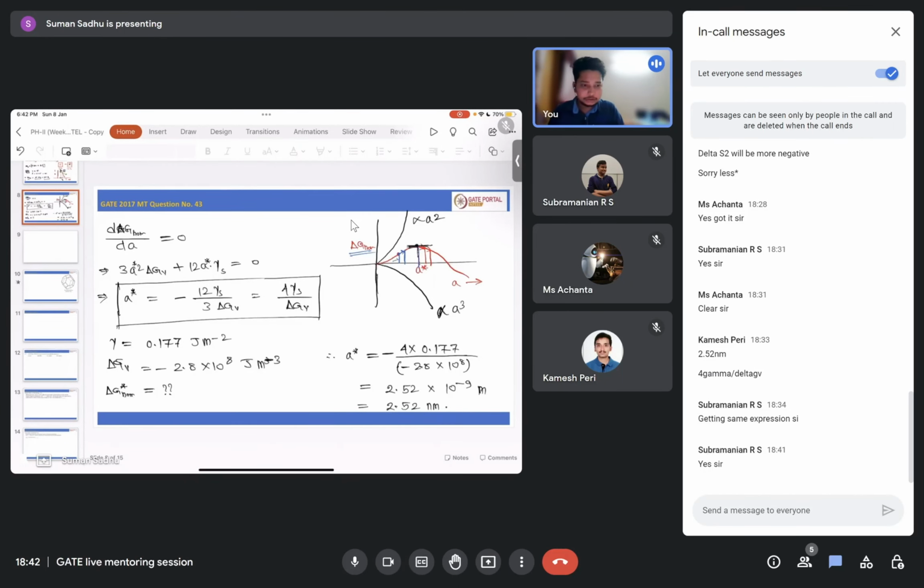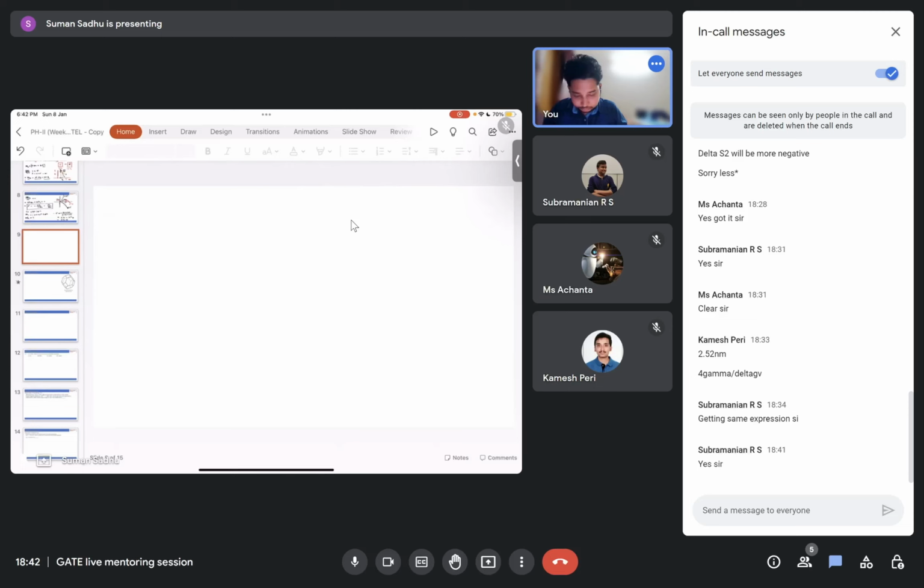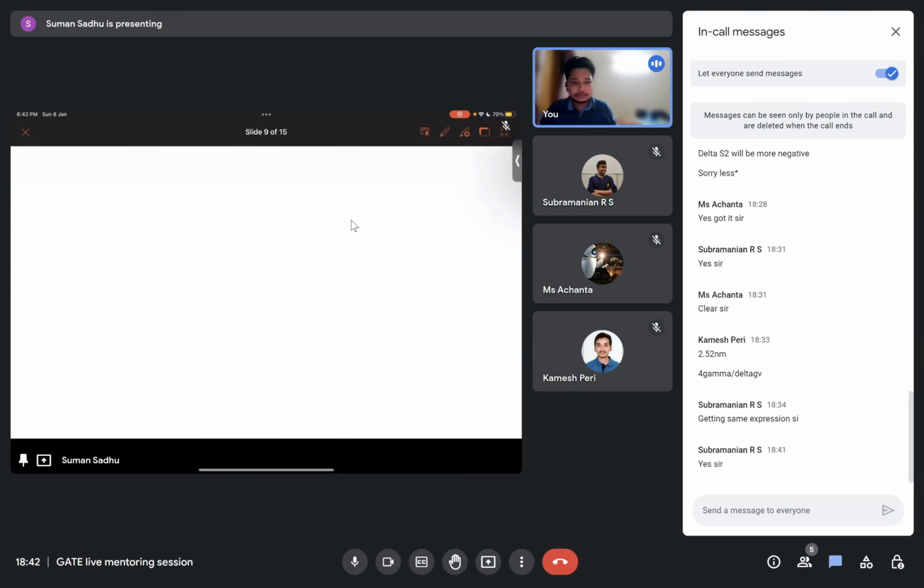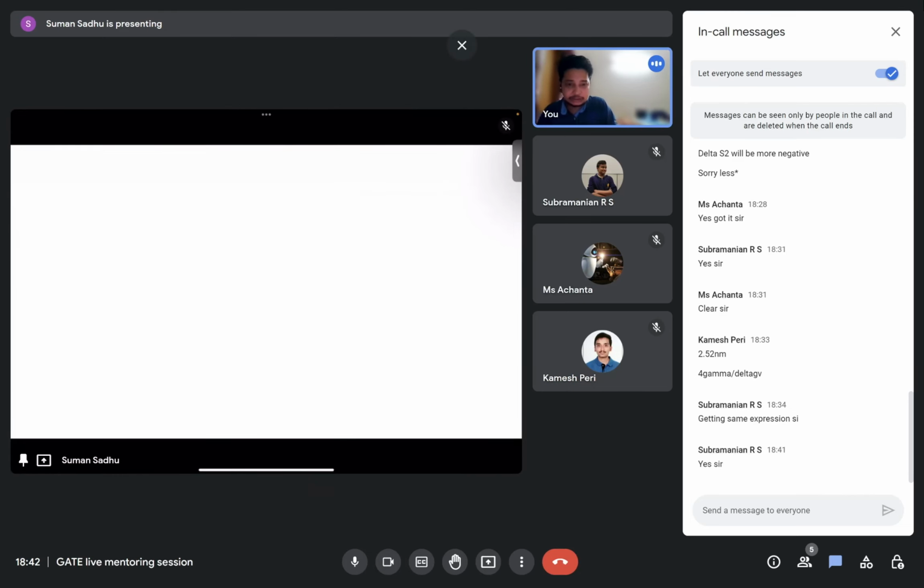Sometimes in the questions they might give a different shape of nucleus. At that time you have to be very careful and derive the expression accordingly.